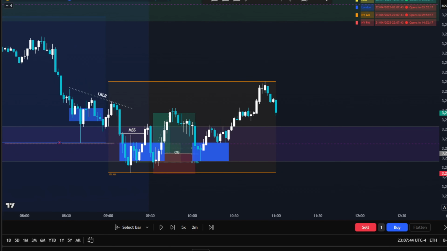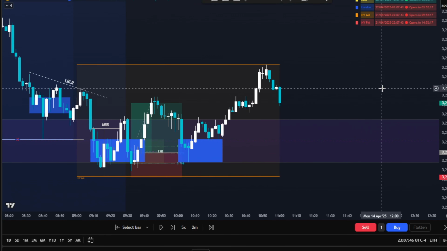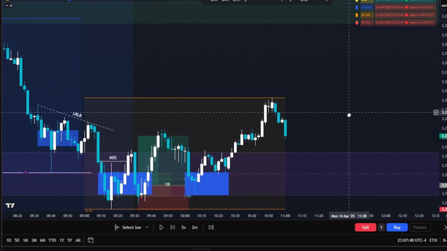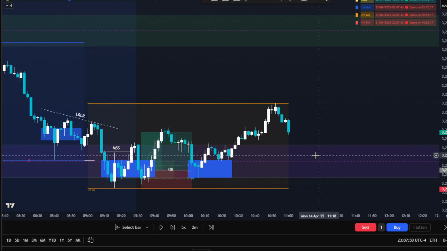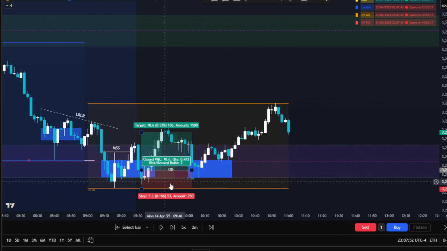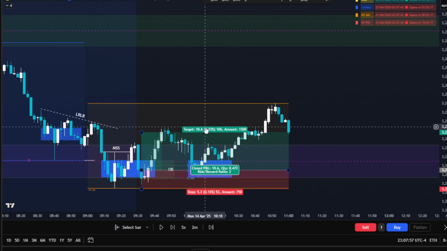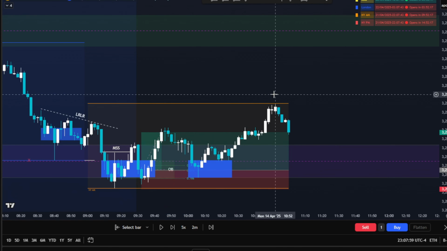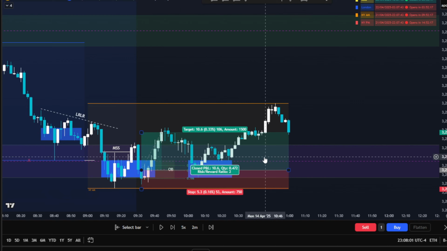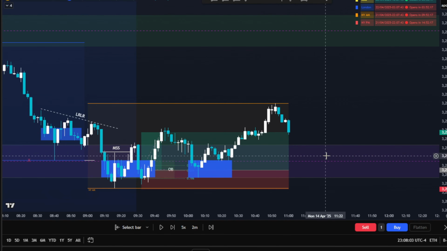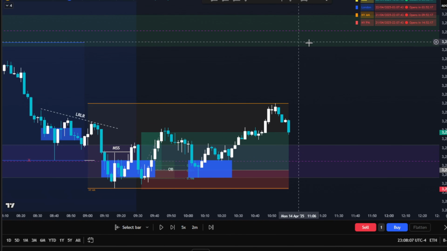So here you can see something to highlight. By having these 2 zones highlighted, it gives you a clear risk and profit target on where you expect the price to go. If it's respecting here, you can expect the price to move towards this order block over here as a magnet.